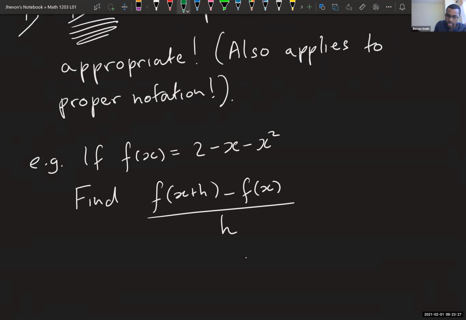Does anyone know what this is called? Anyone remember what that is? So, something called the difference quotient. And for sure, you've seen it before in pre-calc, maybe even in algebra class. In this class, we're going to learn why this expression is important.